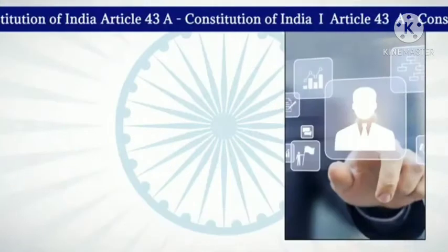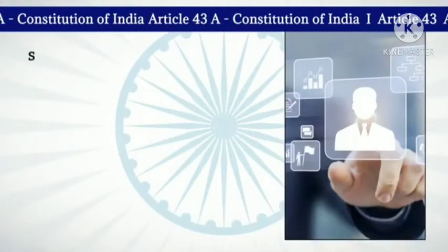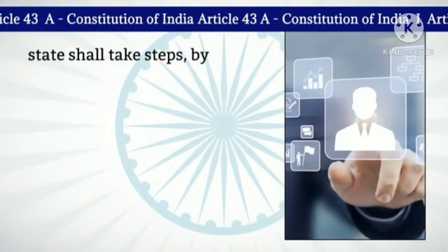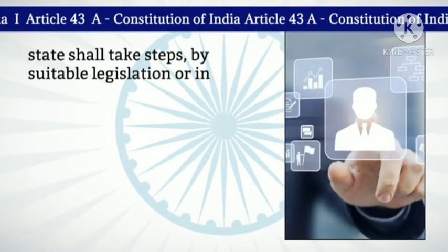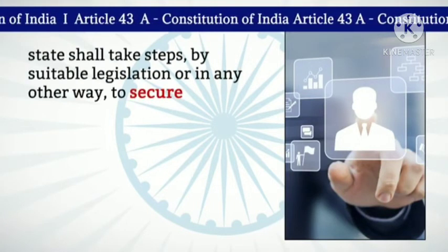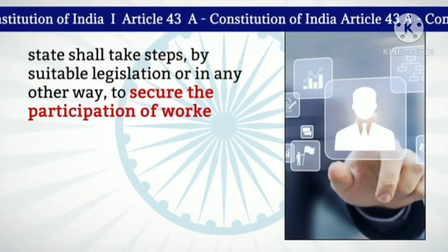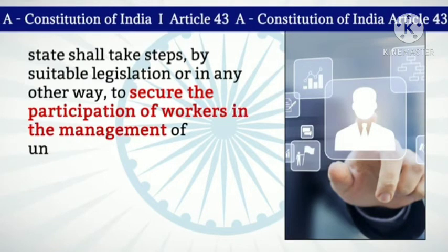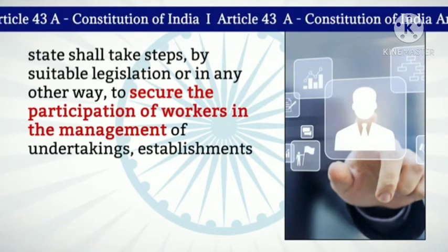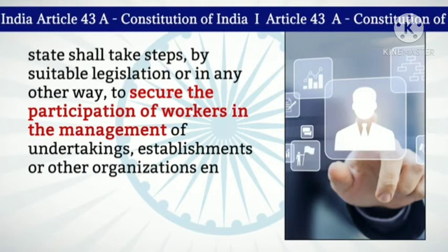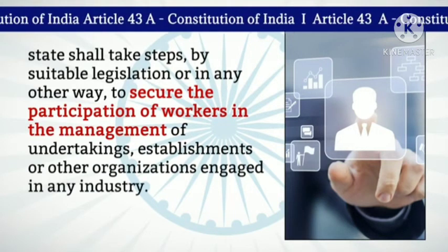Article 43A: workers' participation in management. The state shall take steps by suitable legislation or in any other way to secure the participation of workers in the management of undertakings, establishments or other organizations engaged in any industry.